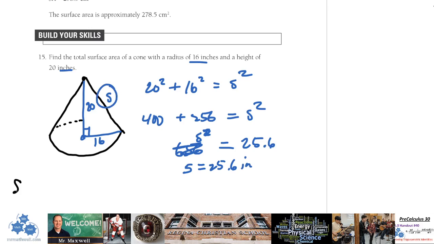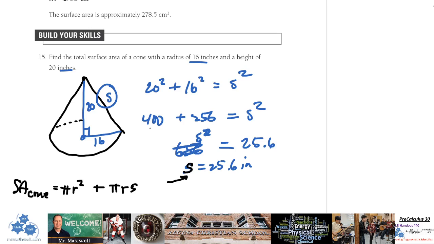So we're not done, because we need to use s now to find the area. The surface area of the cone is pi r squared for the base plus pi r times, who's paying attention? Plus pi r what? S, thank you.